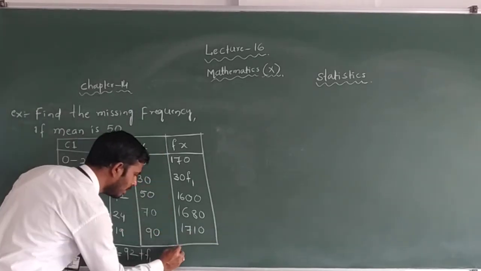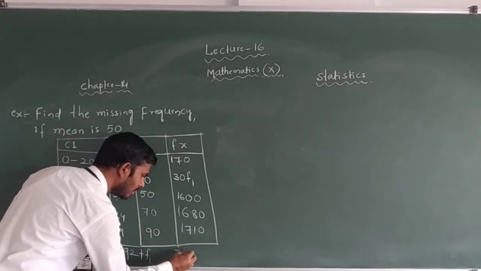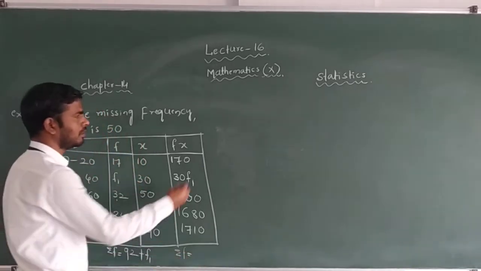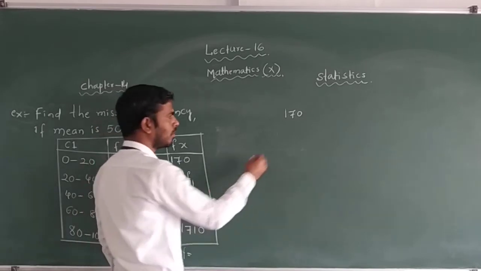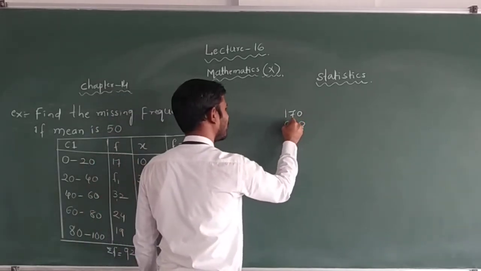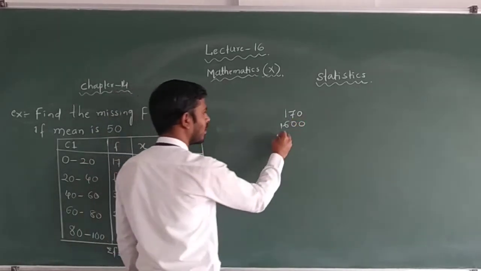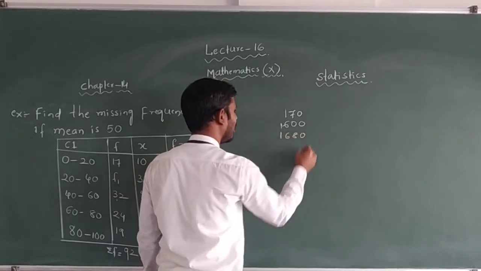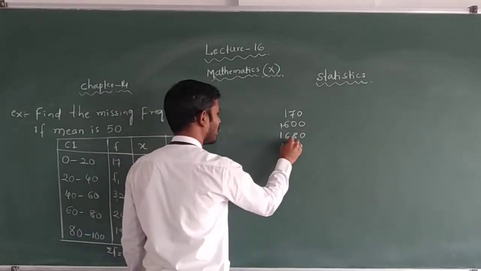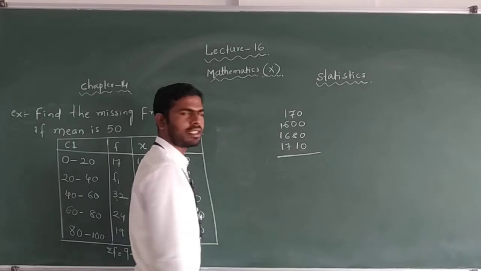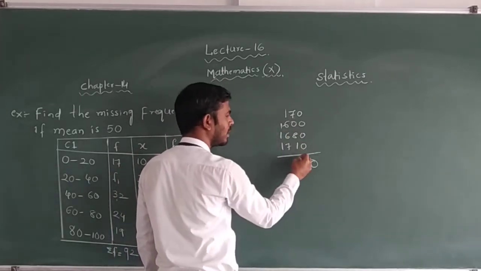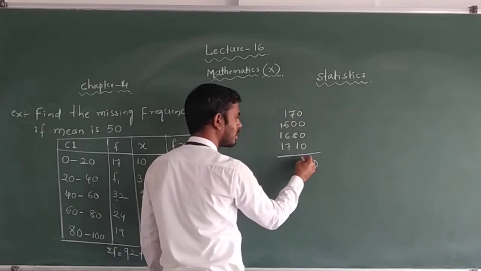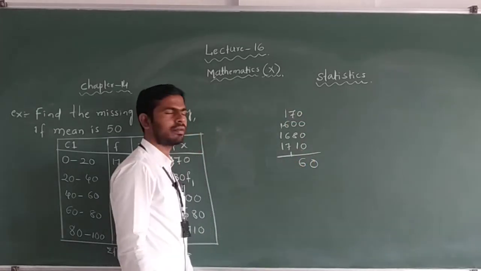Next you have to add sigma fx. Sigma fx equals addition of 170 plus 1600 plus 1680 plus 1710. Addition: 0, total is 8 plus 8, 9, 9 plus 7 is 16, carry 1.